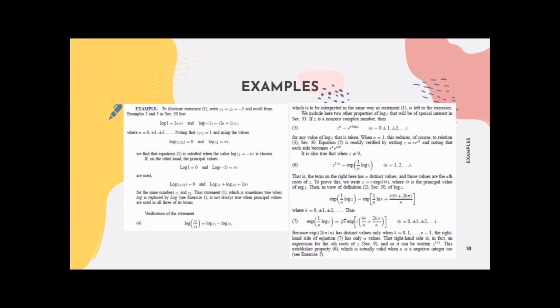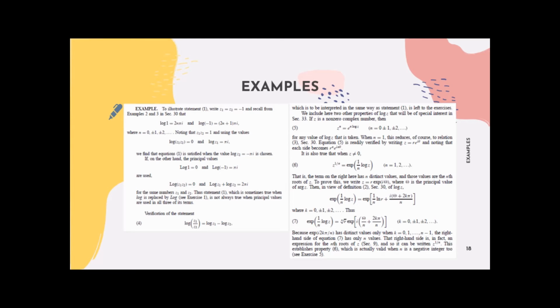For example, to illustrate statement 1, write c1 = c2 = -1 and recall from examples 2 and 3 in section 30 that log 1 = 2nπi and log(-1) = (2n+1)πi, where n = 0, ±1, and so on.